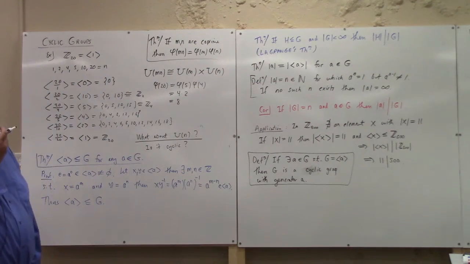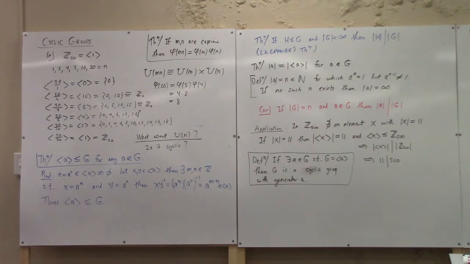And the answer is sometimes. But generally, since U of n is an abelian group, the fundamental theorem of finitely generated abelian groups says that any abelian group can be written as a direct product of copies of Zn up to isomorphism. So that's one of the other things I should share with you next time. But I think that's a good place for me to allude to it, but not go through on the board today. I'm just going to stop there.